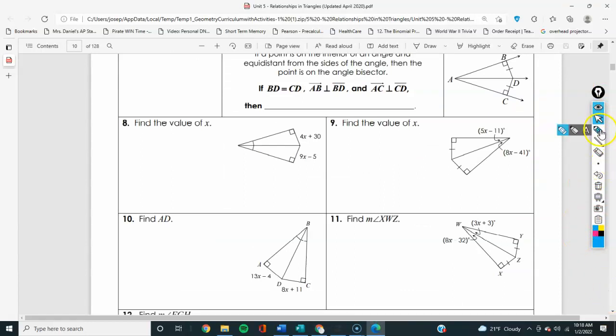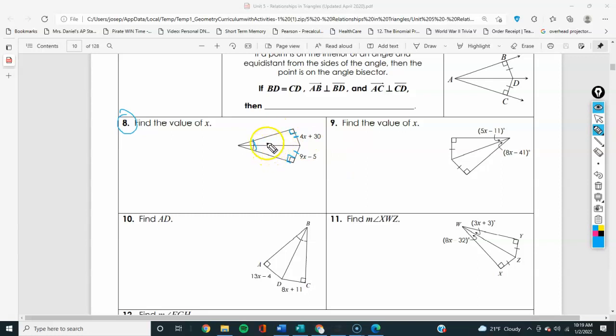So let's use it. All right, let's look at this. Number 8. We have an angle bisector. We have two right angles here, right? So right away, I need to ask myself, or look at the picture. If that's an angle bisector, and remember, the bigger the angle, the bigger the opposite side. So angles that are congruent usually produce sides that are equal.